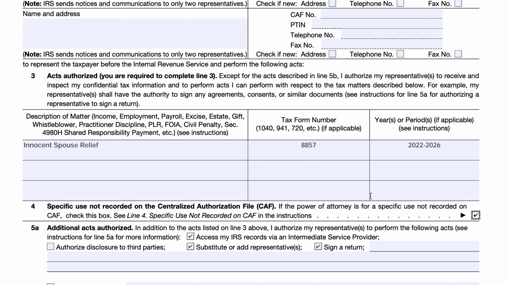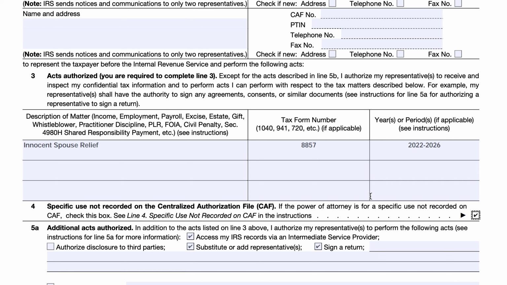There are certain one-time exceptions, limited situations, that are not recorded on the CAF. So, for example, if you were to file IRS Form 843 to claim a tax refund or request abatement, say for tax penalties, that would be a one-time thing. Once you get through that, then the power of attorney is no longer applicable.